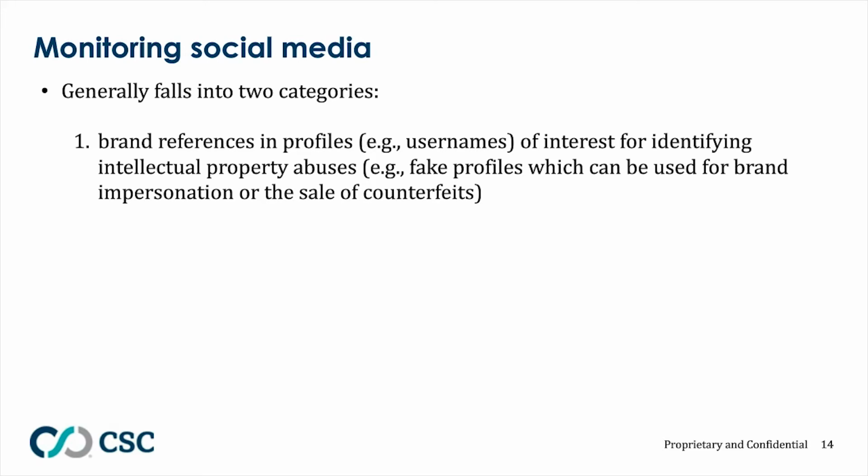That's particularly useful for identifying intellectual property abuses, so people having fake profiles, or people referencing a brand in the profile for the sale of counterfeits. And that, by and large, tends to be the majority of our work on social media.